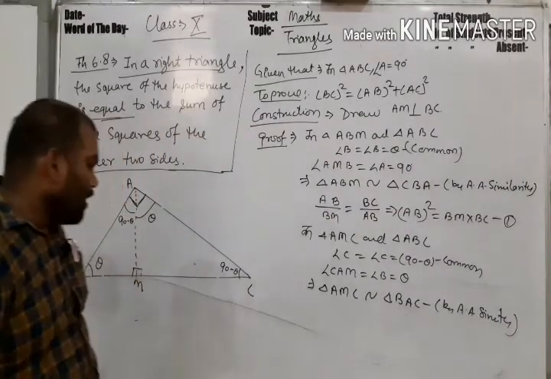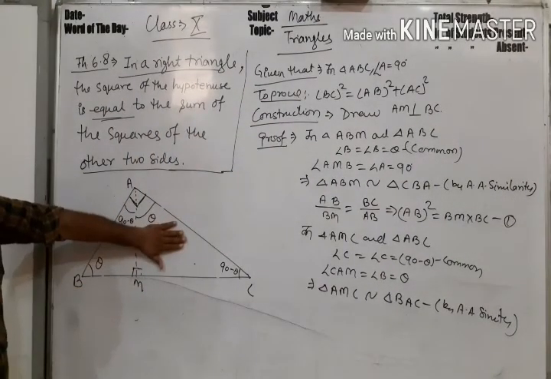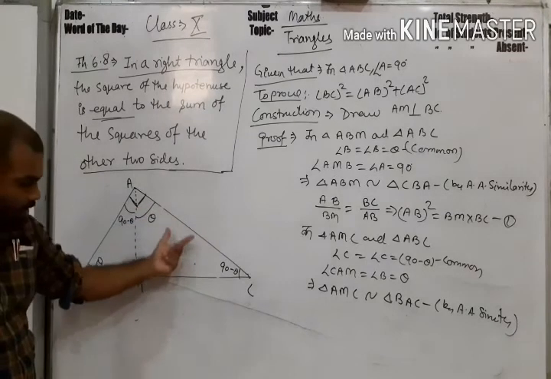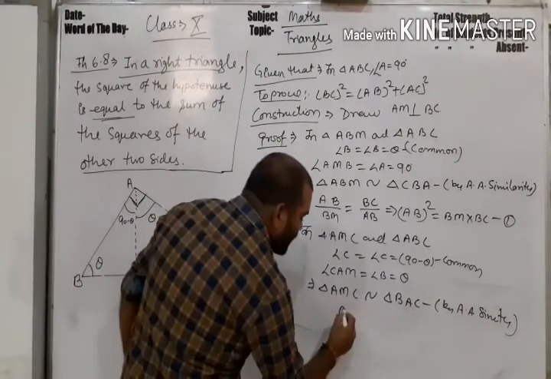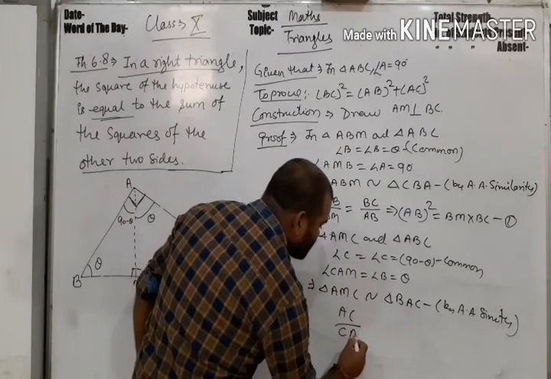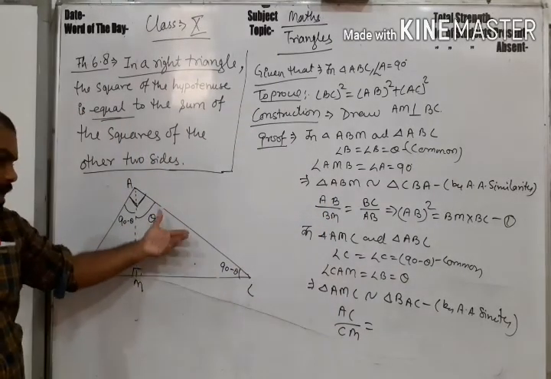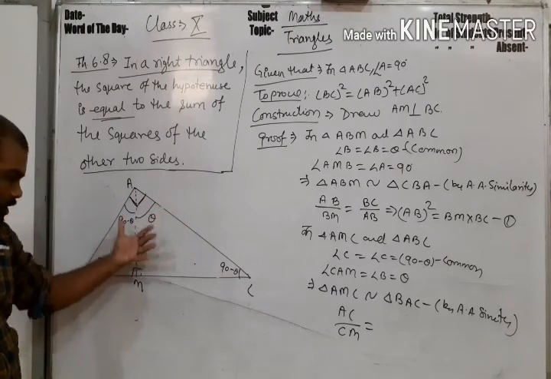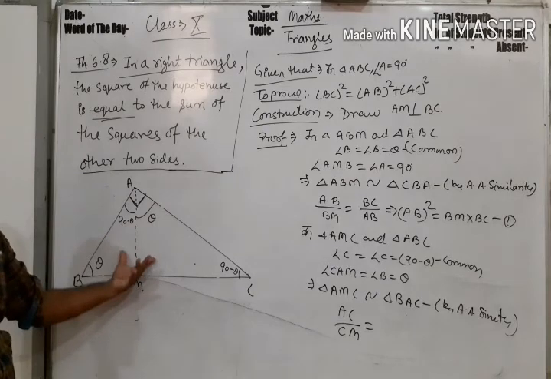Okay, now we will take the ratio of the corresponding sides. Now in this smaller triangle, this side again cannot be used. So the remaining sides are these two sides, AC and CM. We take AC upon CM is equal to, now if you see, AC is the hypotenuse for this triangle, so corresponding to this, BC is the hypotenuse for the bigger triangle.